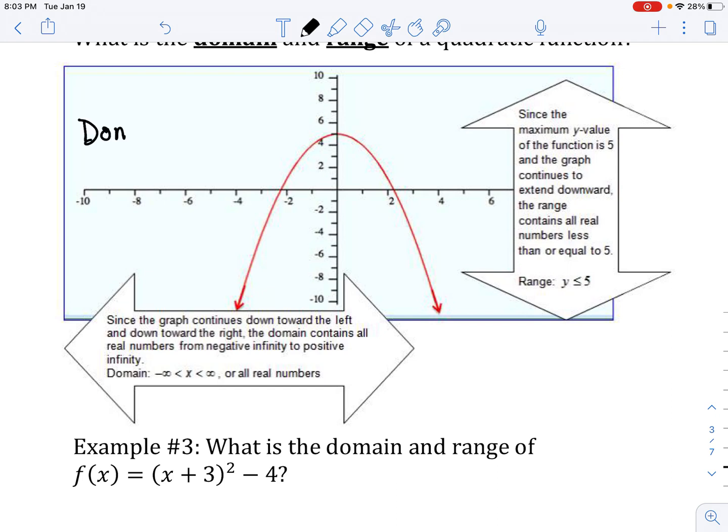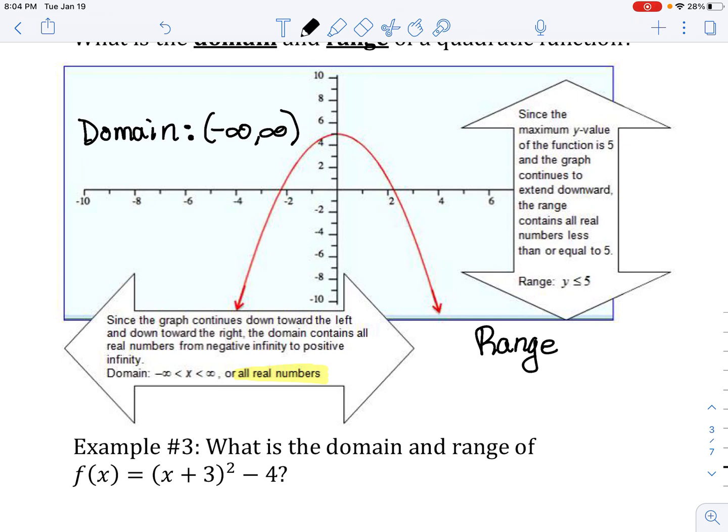So we write the word domain using interval notation: parentheses, negative infinity, comma, positive infinity. That represents the domain of that function. We can plug in all real numbers. All real numbers can be used as inputs to that quadratic function.